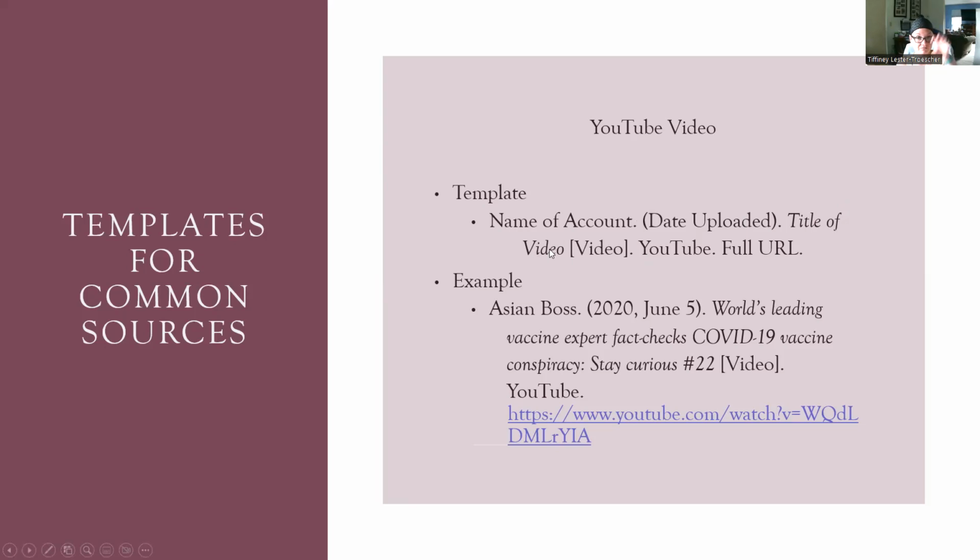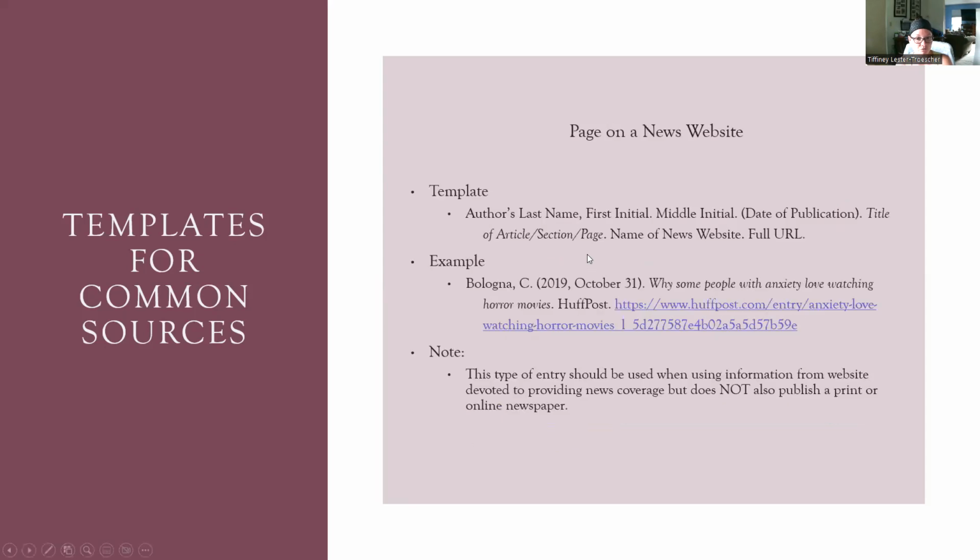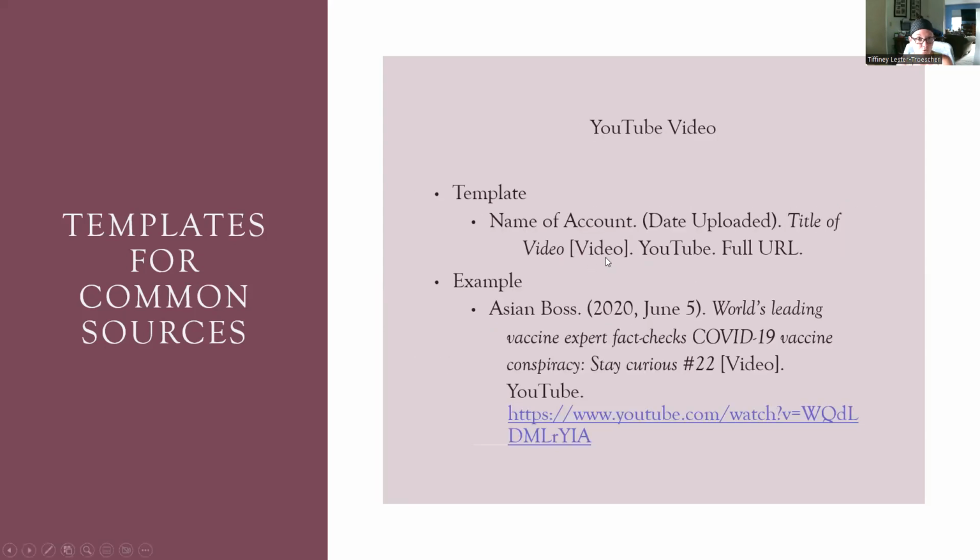And that's found up at the top of the video and underneath. And then in brackets, you're going to put the word video and then close the bracket, period. And then you're going to YouTube. That's where you found it. And then the full URL for that specific video. And again, it's up there in the browser window.